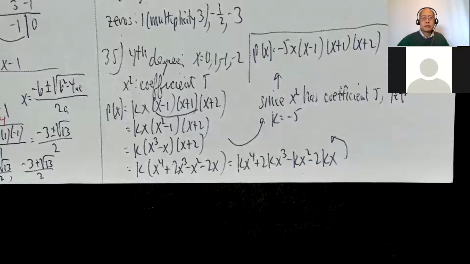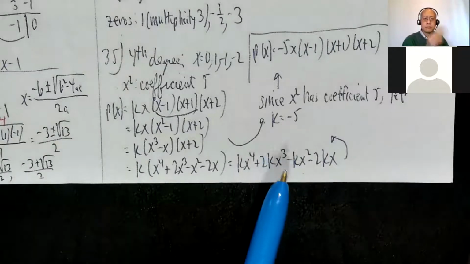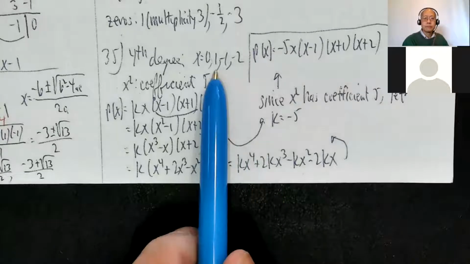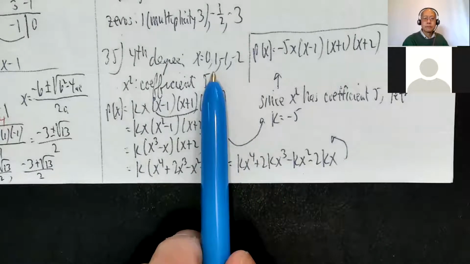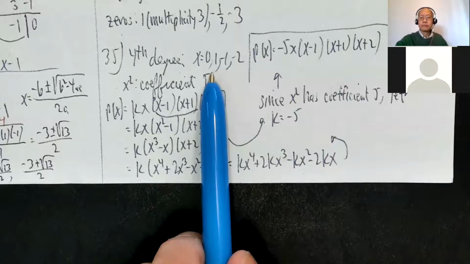When I did this problem, I kind of just guessed and tried that, and when I graphed it, it had all the things necessary for the problem. All the zeros were correct, and my coefficient too.